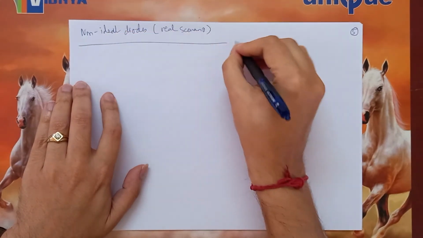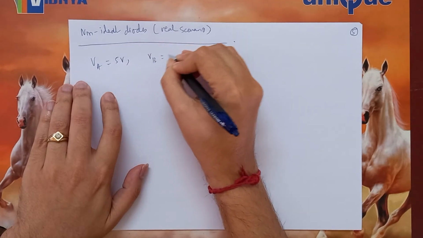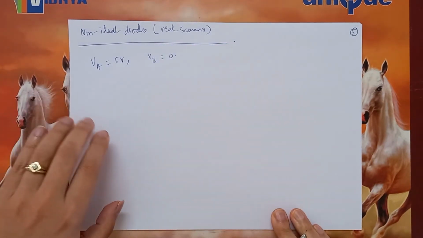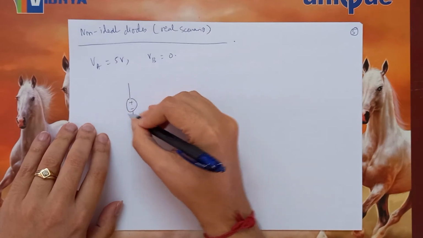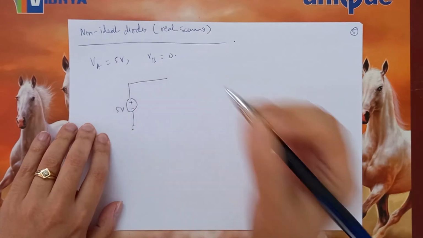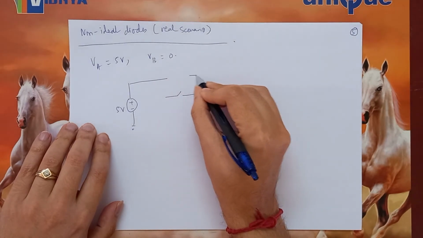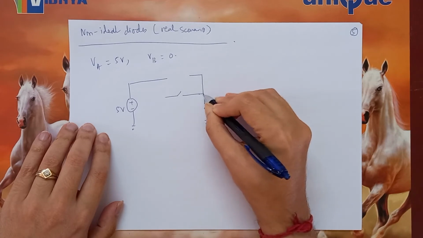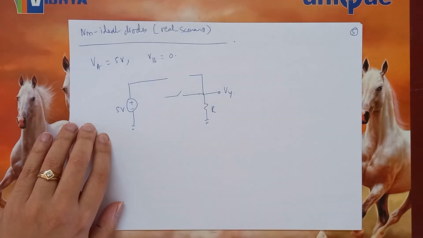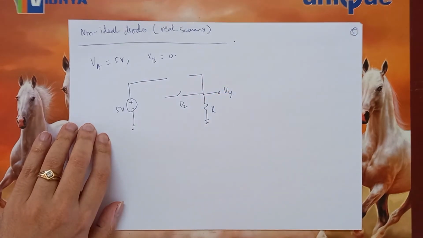let us say when VA is 5 volts and VB is 0. Therefore, we can say that VA is like this. This is 5 volts. VB, it's like an open circuit. Doesn't matter. This is Vy. Now, D2 is anyway off, so we don't worry so much about it.